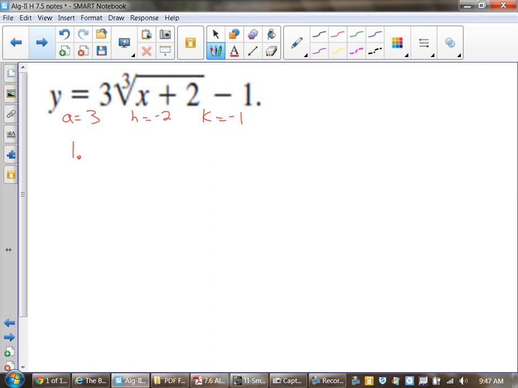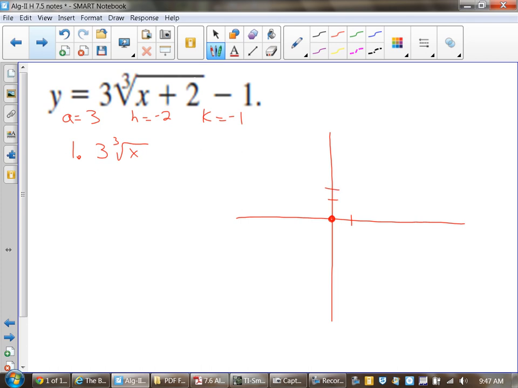So when I go to start my rough sketch, I rough sketch 3 times the cube root of x. When I do my rough sketch, it's going to be dotted lines. What's the cube root of 0? 0. What's 0 times 3? 0. What's the cube root of 1? 1. What's 1 times 3?